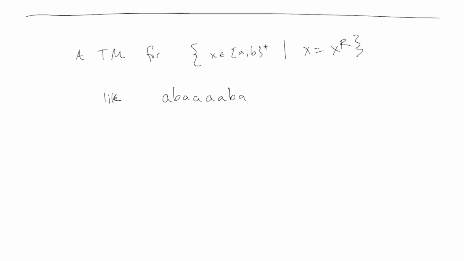By marking. I mark off this A and then run down to the end and mark off that A, and then run back to the beginning, mark off the B and then go down to the end, mark off the B, right? It's very similar, although I have to go all the way to the end to find the match, and then all the way back to the beginning and somehow find the first unmarked thing.